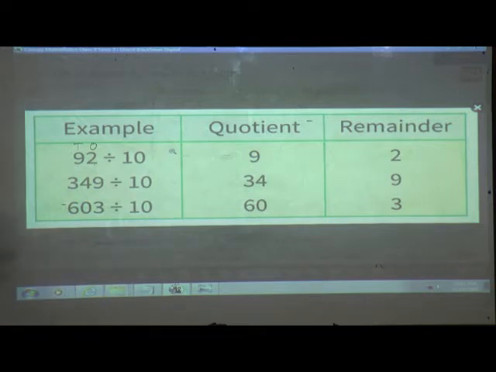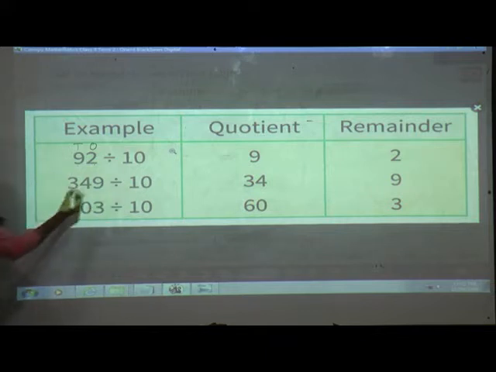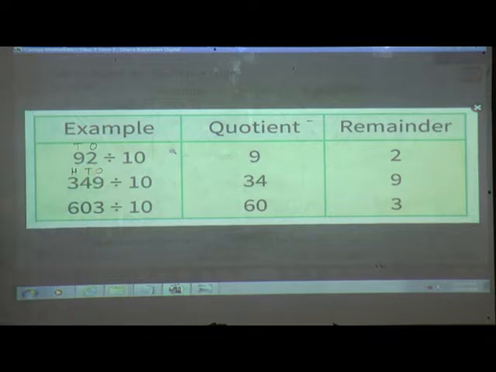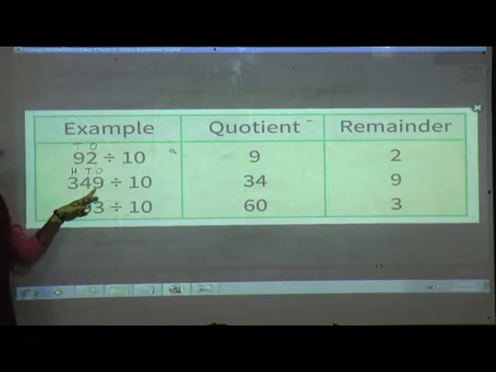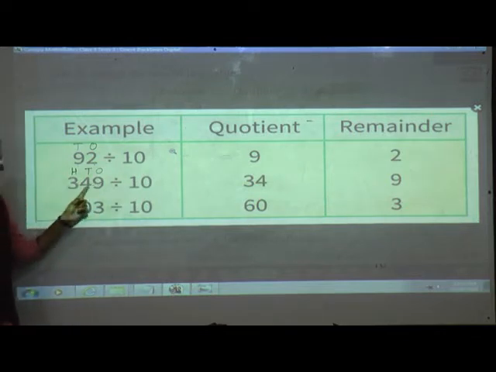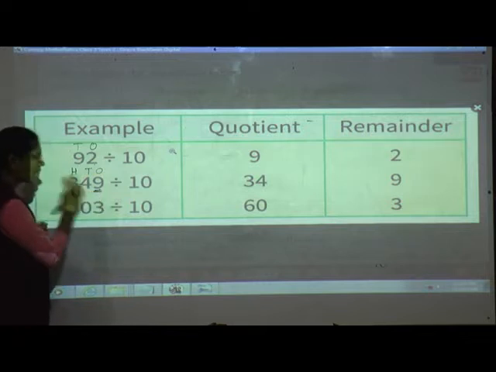See the second example, 349 divided by 10. In this example, this is ones, this is tens and this is hundreds. If we divide any number by 10, the ones place digit will be the remainder. In 349, at the ones place, which number can you see? 9 is there.